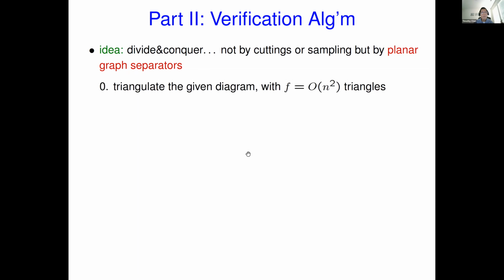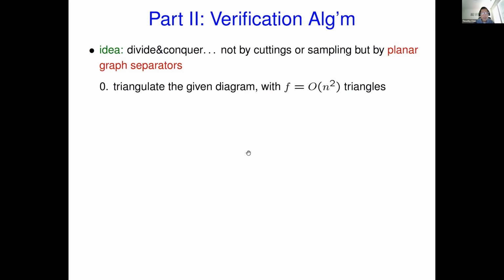So remember, the input is an actual diagram, which may or may not be correct. So it may not be the actual order K Voronoi diagram. So the first thing we're going to do is triangulate it, okay? And then the number of triangles, denoted by F, will be n squared. That's the size of the diagram. I guess technically you have to verify that this is a valid triangulation, but there are simple ways to verify a triangulation.